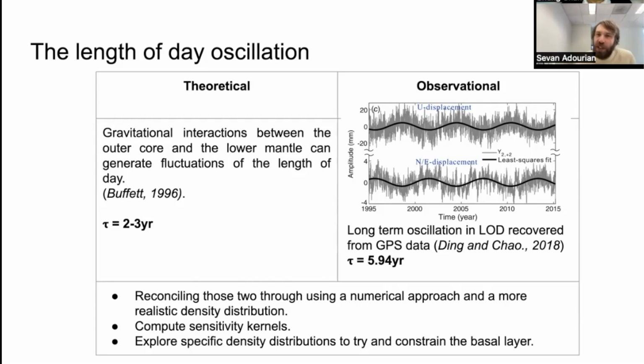And when you look more closely at the length of day data in the time series, you see that there are multiple periods that can be observed. There is one that is particularly interesting in the observations, with a period of around 6 years. It's a long-term oscillation, and you can find it pretty consistently because we now have very long time series for the length of day because of the GPS stations.